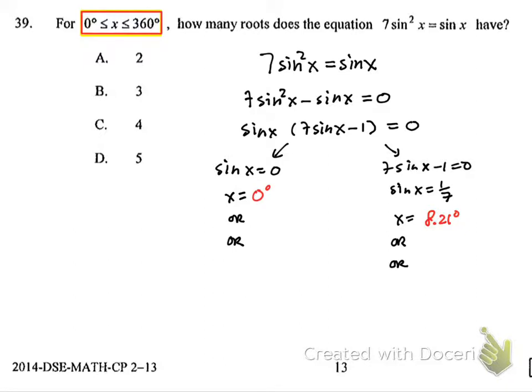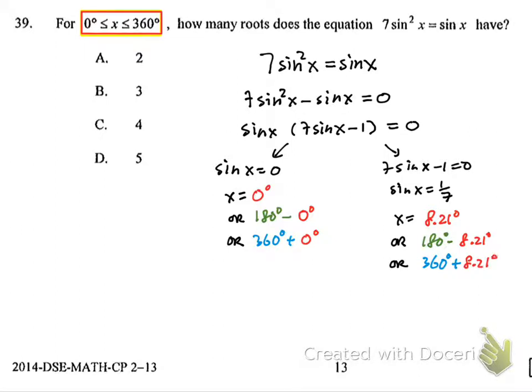If the parent function is sine x, then we have 180 minus, or 360 plus, and it is 180 minus the answer from the calculator, 0 or 8.21. So we have the answers like this.